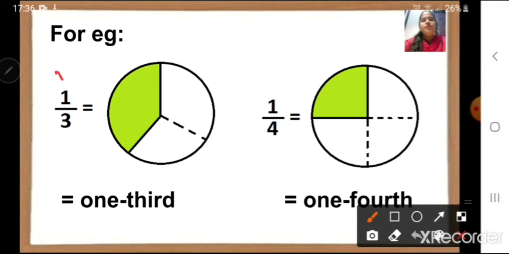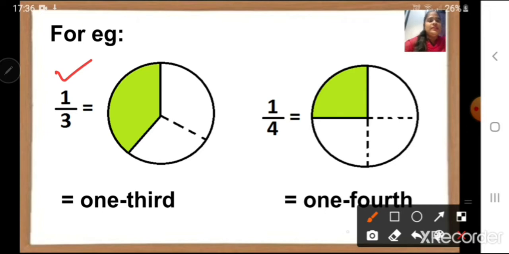Which is 1 upon 3 in numbers. Now if I want to write in words, first I have to write 1 and then followed by your ordinal number, which is 3 is your third, right? So it is 1/3.